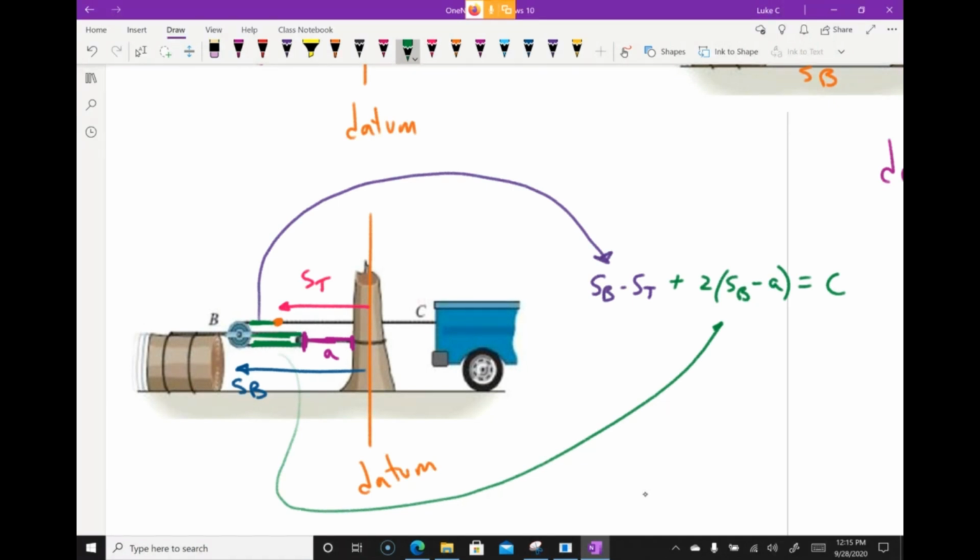So you end up with 3SB minus ST minus 2A equals a constant.